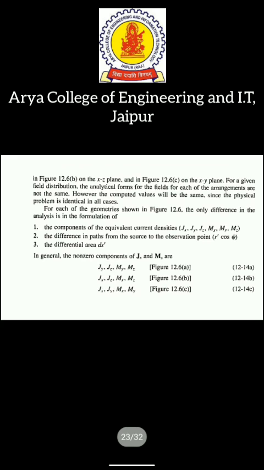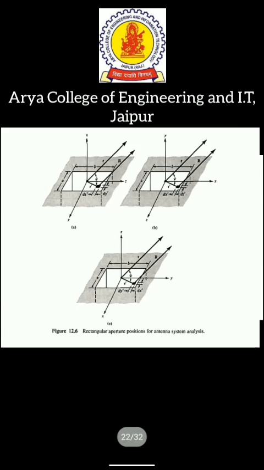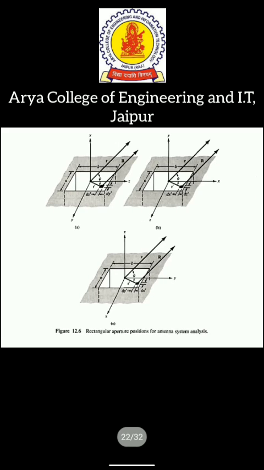Now for a given field distribution, the analytical forms of the fields for each of the arrangements are not the same. However, the computed values are going to be the same, since the physical problem is the same in the three cases.